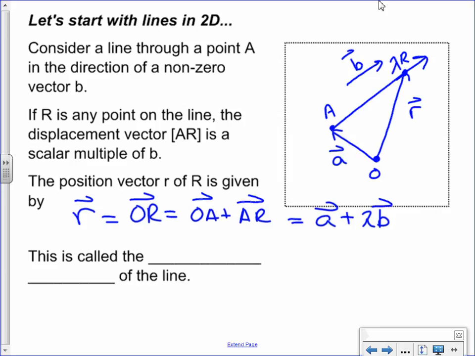Here's the deal. You've seen this equation before in lines. It's just switched around. It's y equals mx plus b.